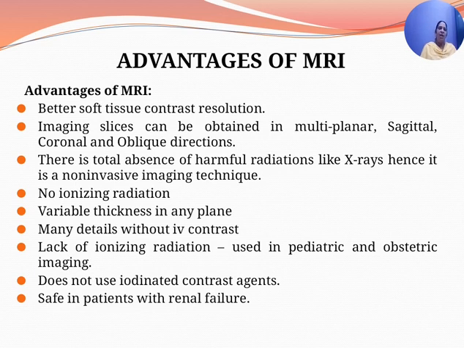Then coming to the advantages of MRI scan. The advantages of MRI scanning are better soft tissue contrast resolution. Imaging slices can be obtained in multiplanar, sagittal, coronal and oblique directions.